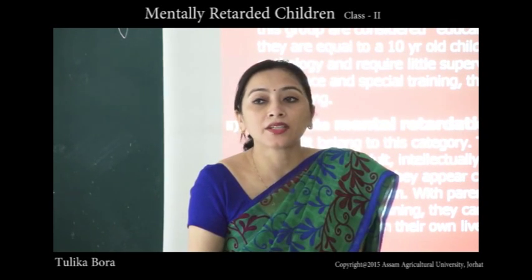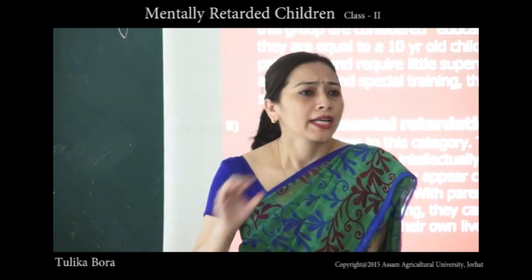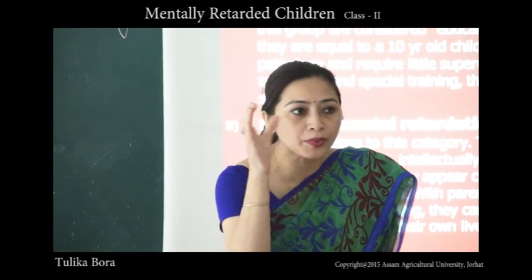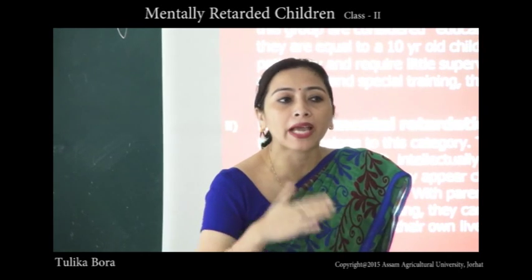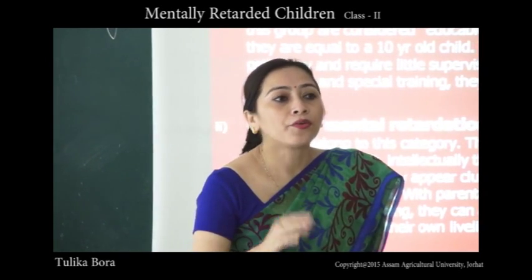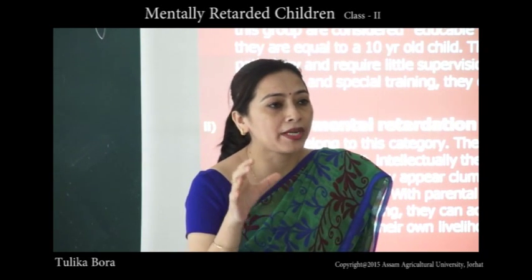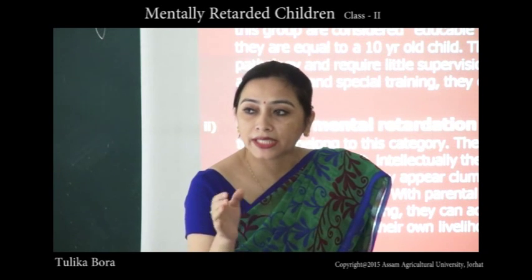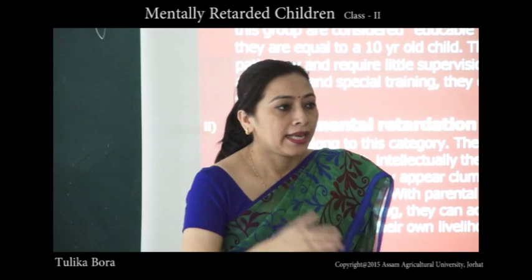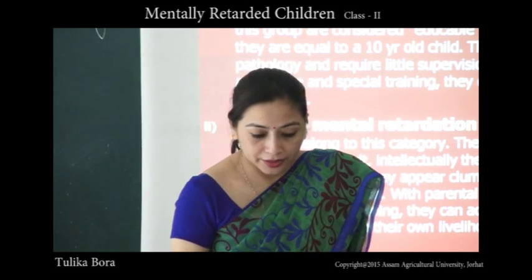Emotional development is not properly developed, still developing. So we will have to go back to a 6-year-old child and see the developmental milestones of that child. Then we will have to give to this moderate mentally retarded adult according to those milestones. So while planning, it is very important.